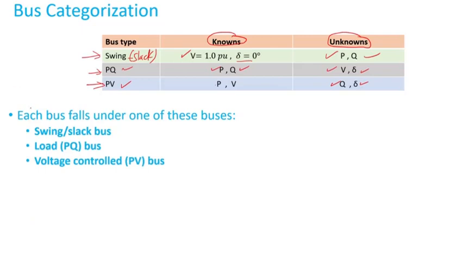The swing bus, or slack bus, is typically one of the largest generators. If you have a large system like the North American system, you might have multiple swing buses, like one for each area. Basically what the swing bus does is supply any losses that occur in the lines.